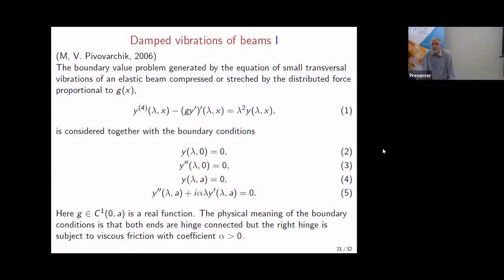This is a problem of small transversal vibration of an elastic beam compressed or stretched by a force proportional to a function g of x, and the boundary conditions are hinge boundary conditions, and at the right endpoint a we have viscous friction. That's where the eigenvalue parameter lambda comes in.